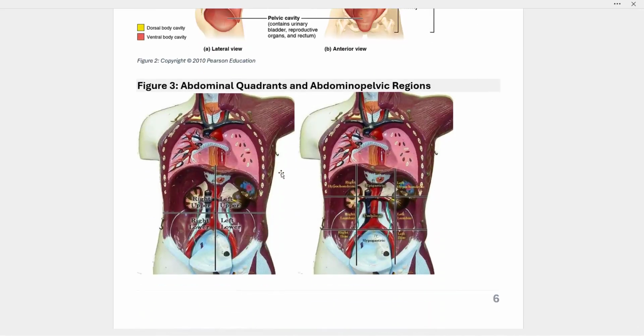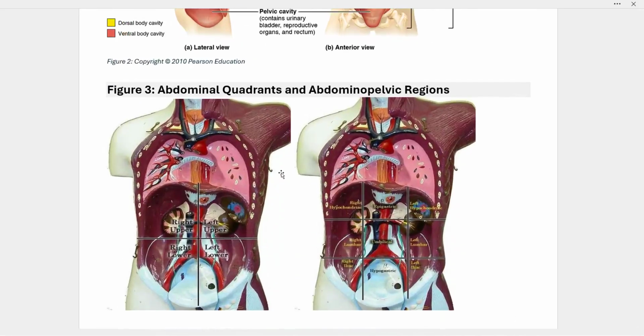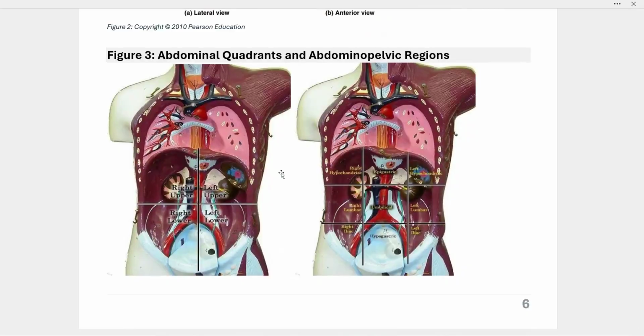So the quadrants, what we're looking for you to be able to know on this is you have to be able to know that this is the left upper quadrant, the right upper quadrant, the right lower quadrant, and the left lower quadrant. So imagine that this middle part is the person's belly button, and you're just going to make a T or a cross on their abdominal area, and then that'll leave you the 4 quadrants.